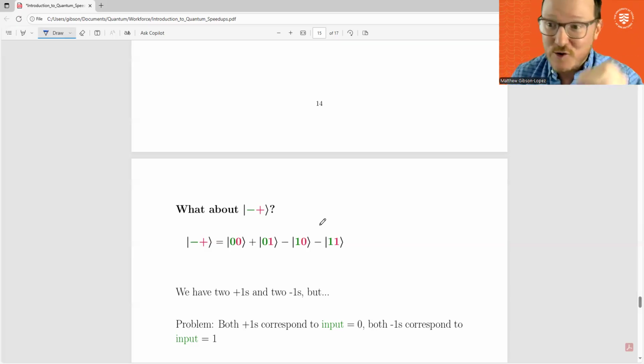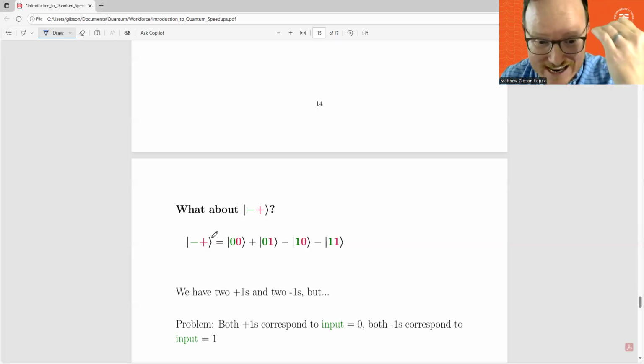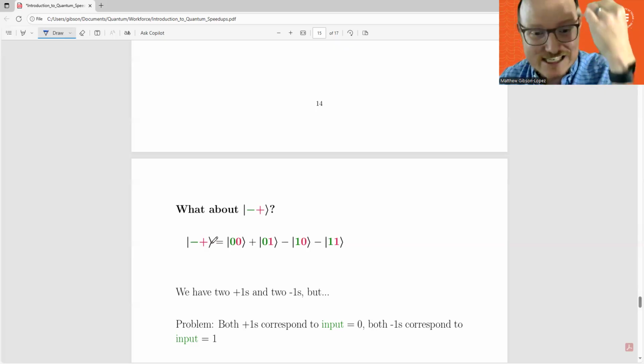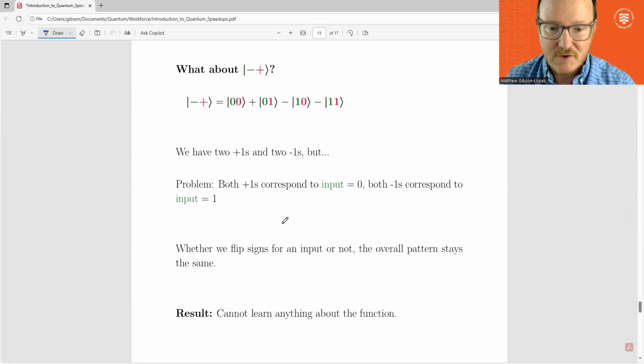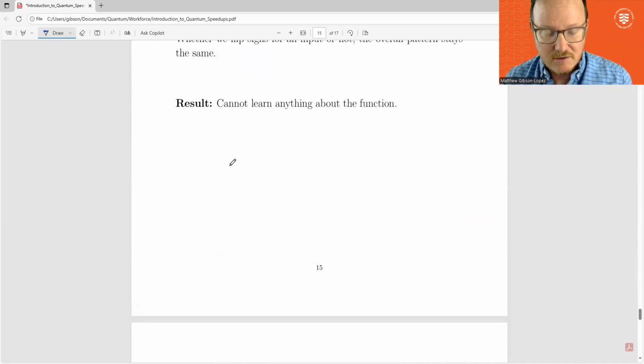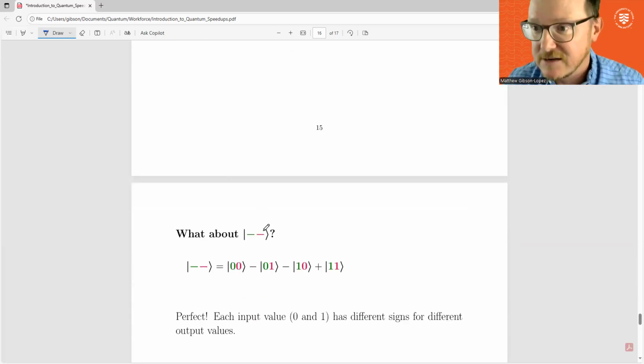And it turns out that in order to have that happen, the red qubit has to be prepared in the state minus. That is what creates that. But what about the input qubit? What we did before was plus minus. What about minus minus? What happens if I change the input qubit to being in the state minus?